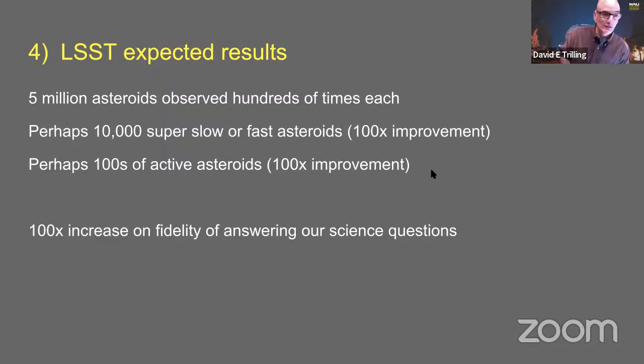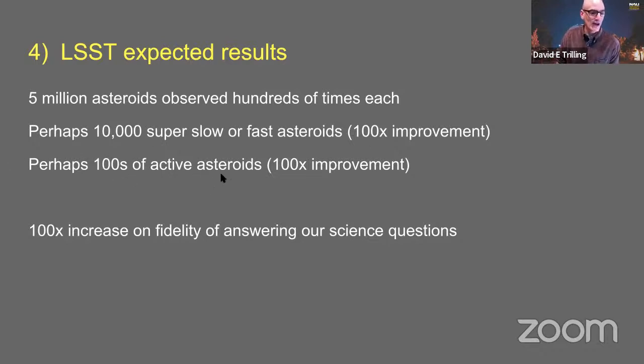Okay, so I think I have three more slides. LSST expected results: when LSST comes online, over its 10-year lifetime, we expect to have about 5 million asteroids observed hundreds of times each. We estimate that that may give us about 10,000 super slow or super fast asteroids, which is a factor of 100 improvement over the current science catalogs.